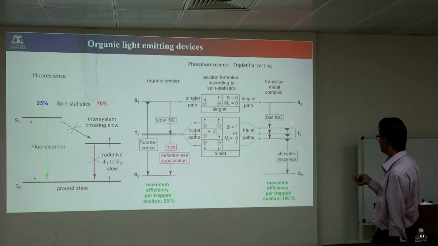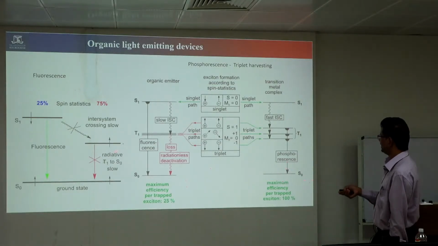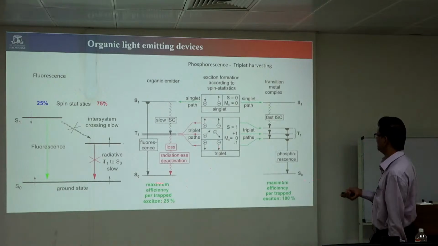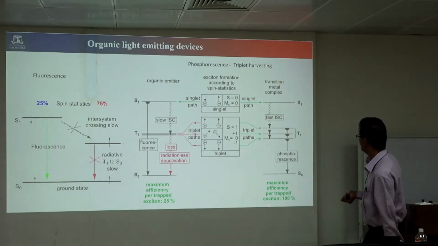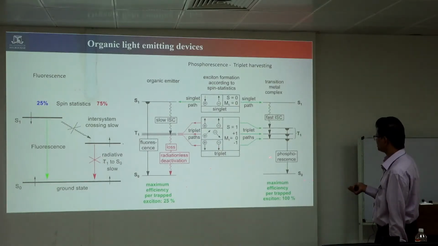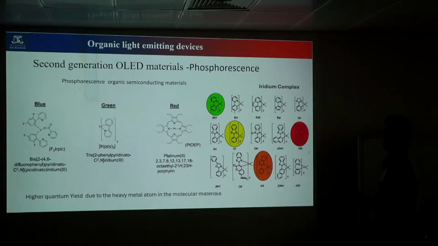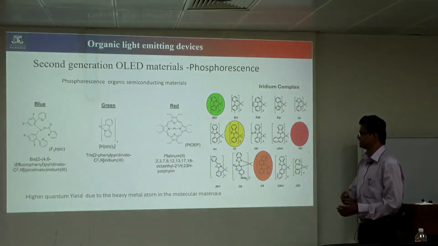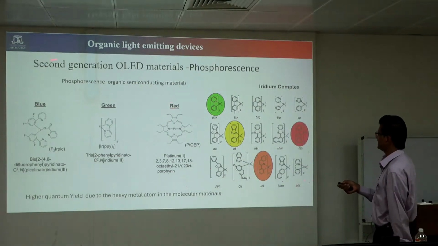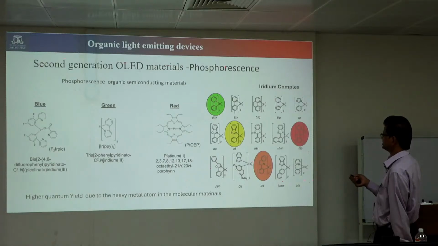Again, this triplet state will come back as phosphorescence. So here only one state comes out, with a maximum efficiency of 25%. The remaining 75% goes to exciton generation in this phosphorescence case. Because the IQE is very low, the second generation OLED was generated with phosphorescence film.